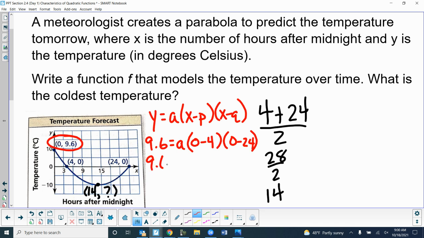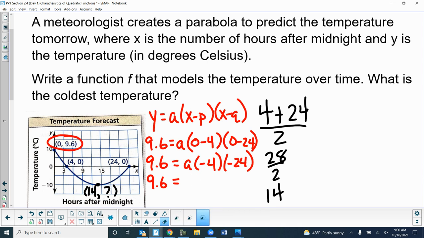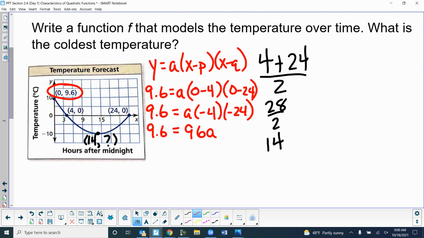So we get 9.6 equals a times negative 4 times negative 24, which is positive 96, which let's put it in front like we're used to seeing. Somebody check me, but I think 4 times 24 is 96. All right, what am I doing with the 96? Divided, right? And that comes out to what, 1/10, I think, 0.1?